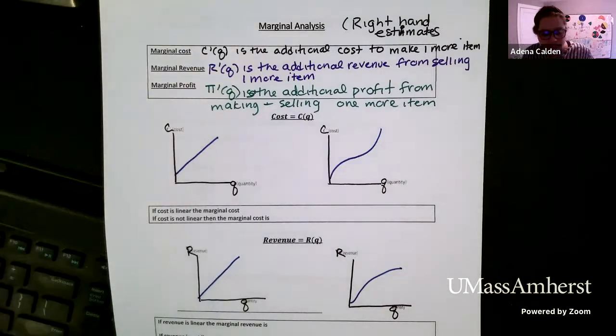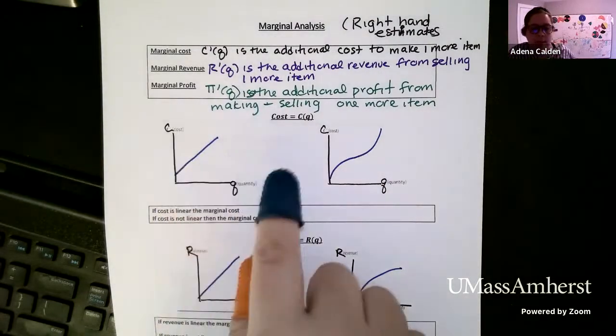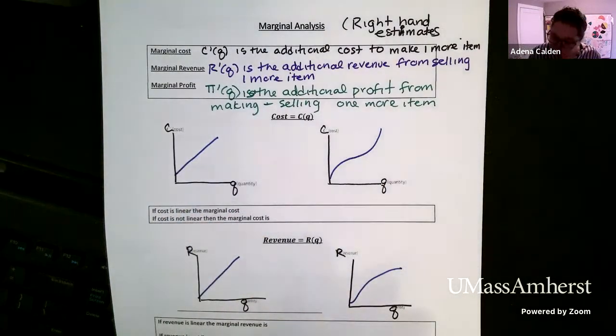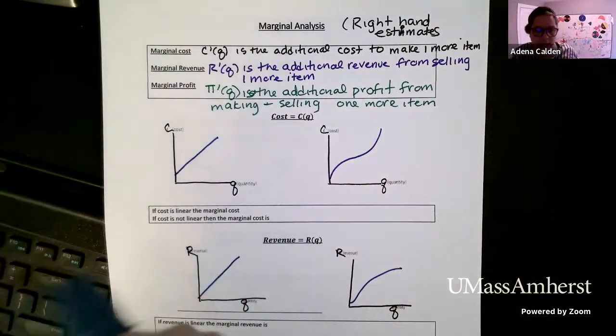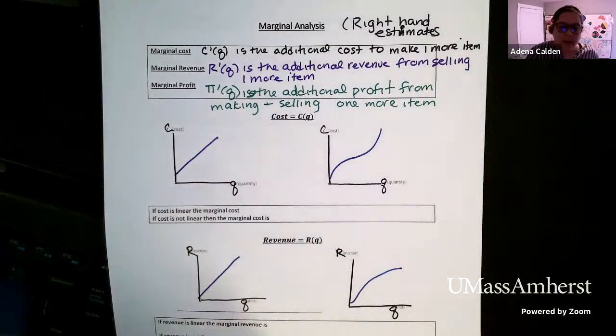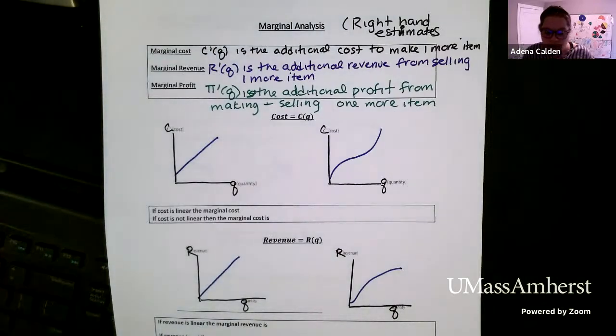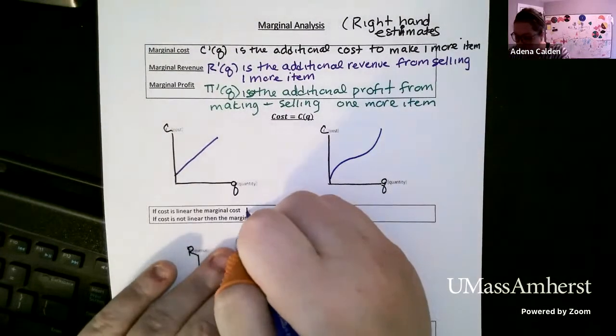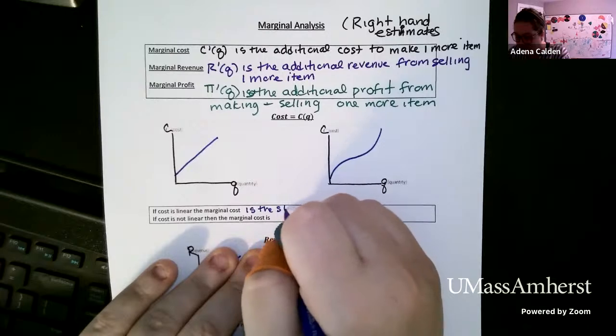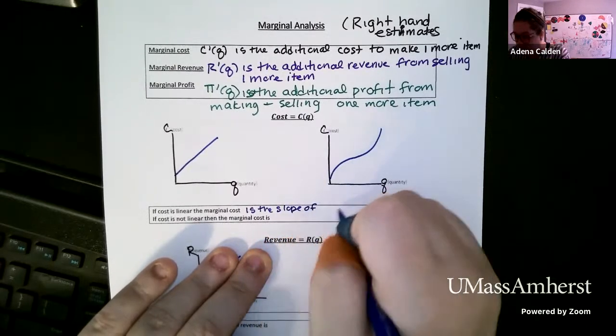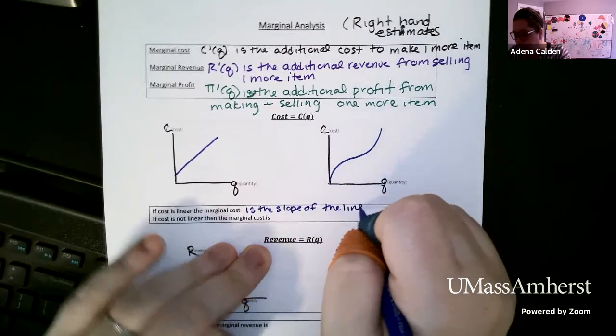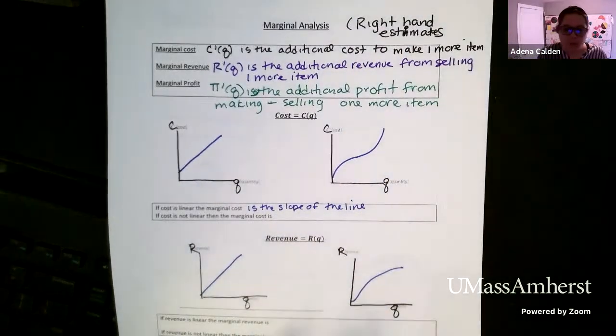So if the cost function for representing an item is linear, right, then the marginal cost is just the slope of the line. And that's what we did back in 1.4. We looked at linear functions.